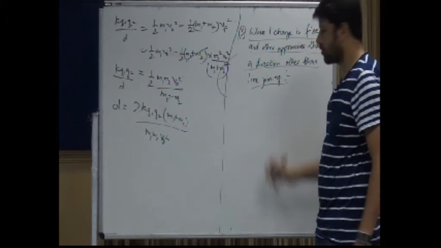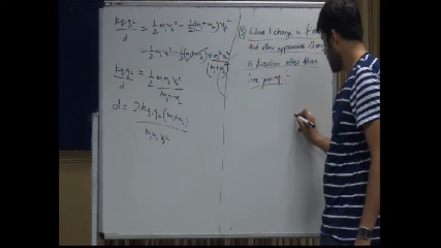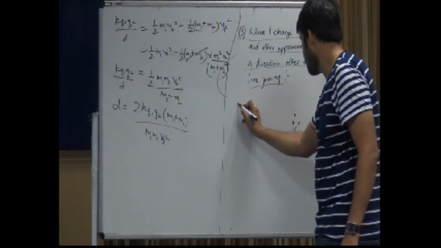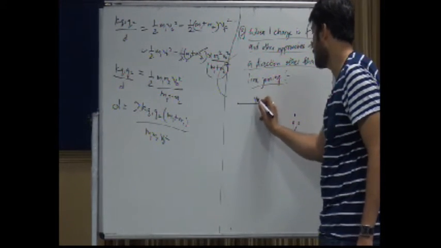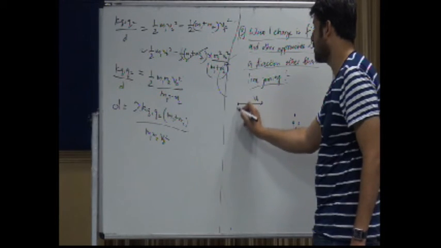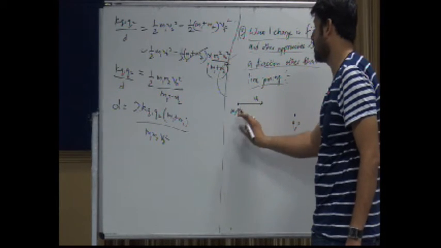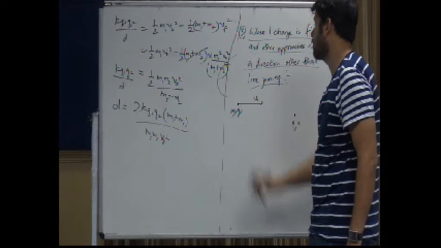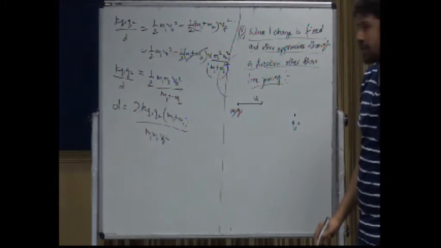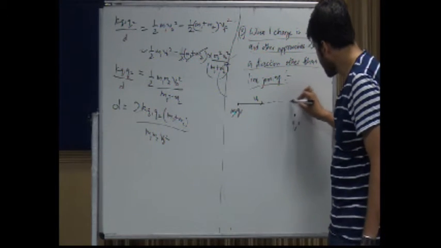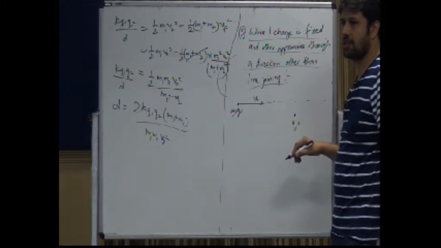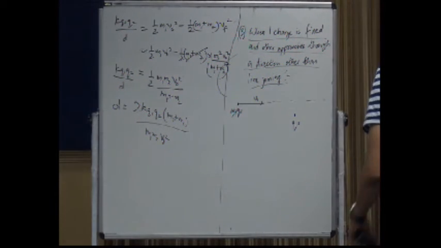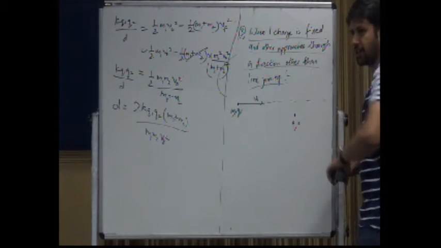So what I mean to say is, this is the charge which is fixed. Now charge 2 is approaching like this. This is m, q1. They are approaching, so the direction of motion is like this. It's not directly trying to hit q0.